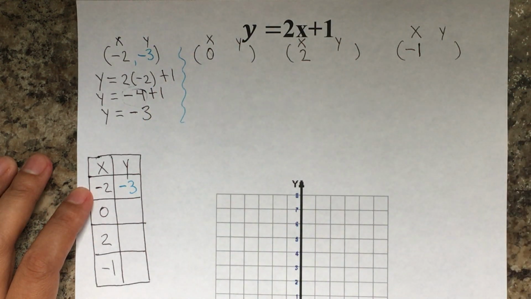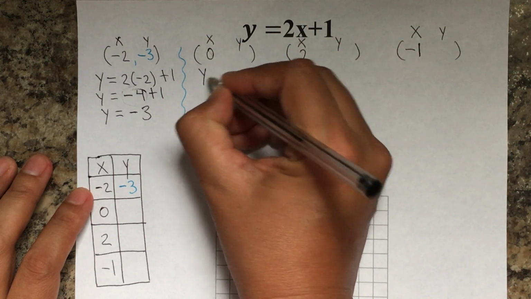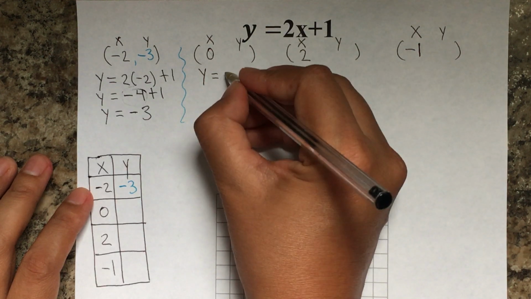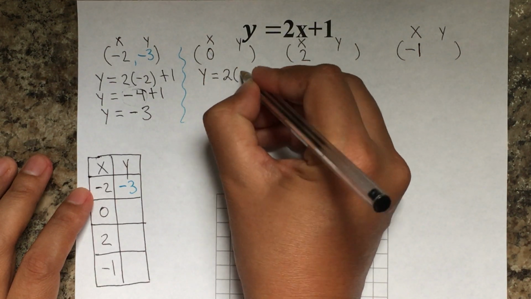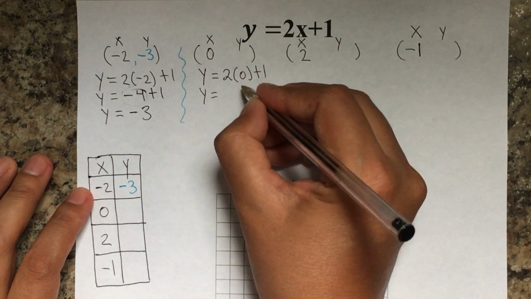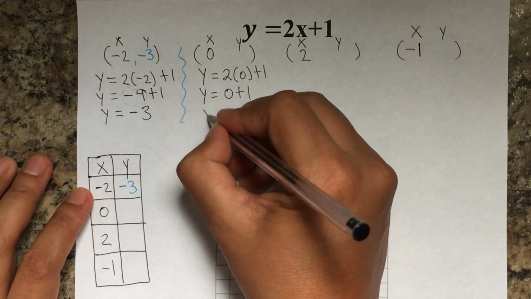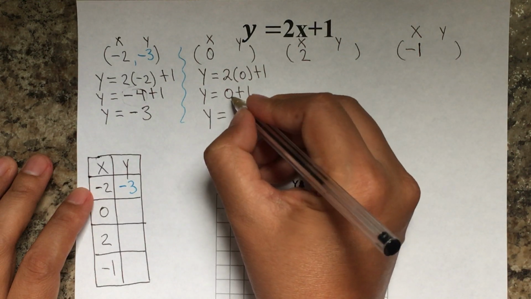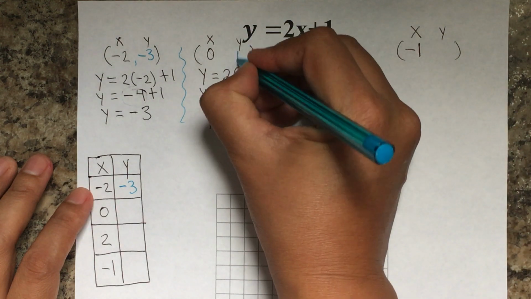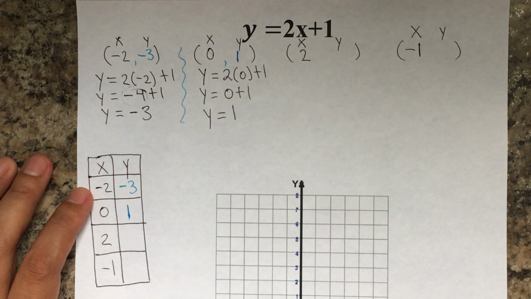For the next one, x is 0. So y equals 2 times 0 plus 1. So y equals 2 times 0 is 0 plus 1. So y equals 0 plus 1 is 1. So the value of y is 1 when x is 0.